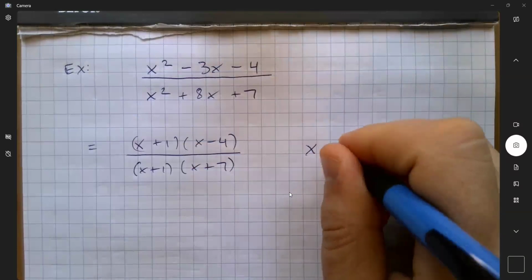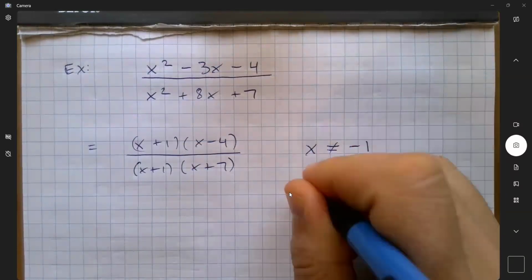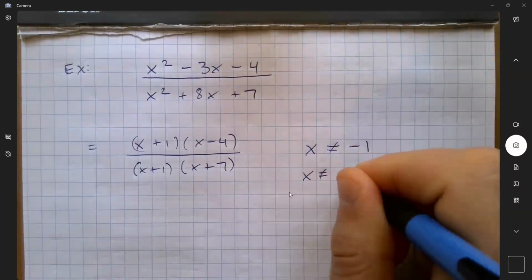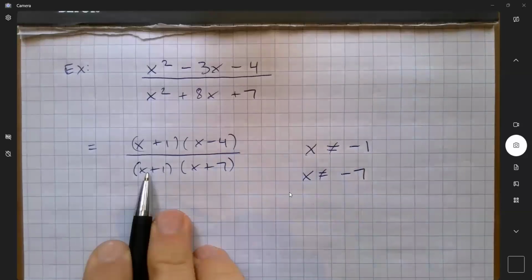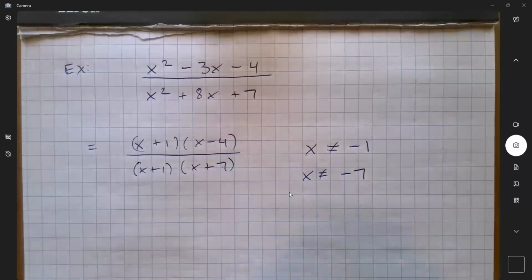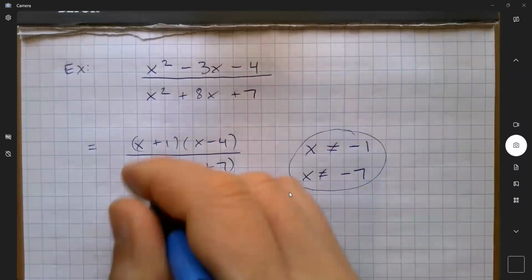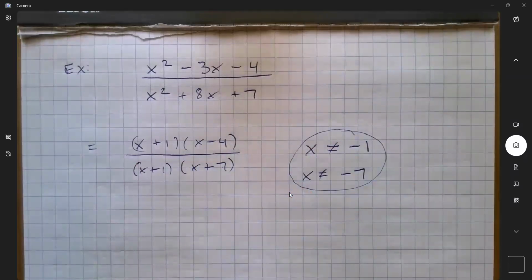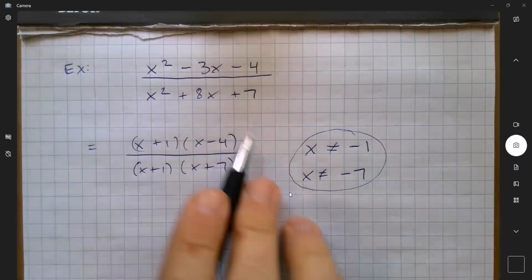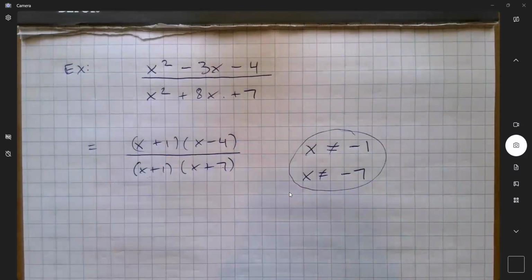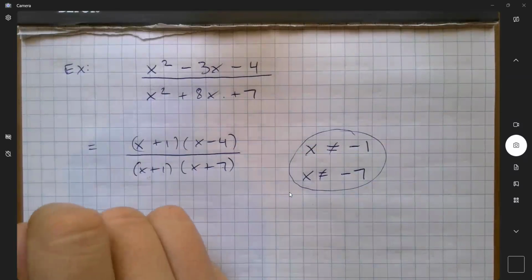But I know that x cannot equal -1 and x cannot equal -7 because that would make the denominators 0. This is true no matter how much canceling, how much reducing I do. x cannot make the bottom 0 before I do any reducing.